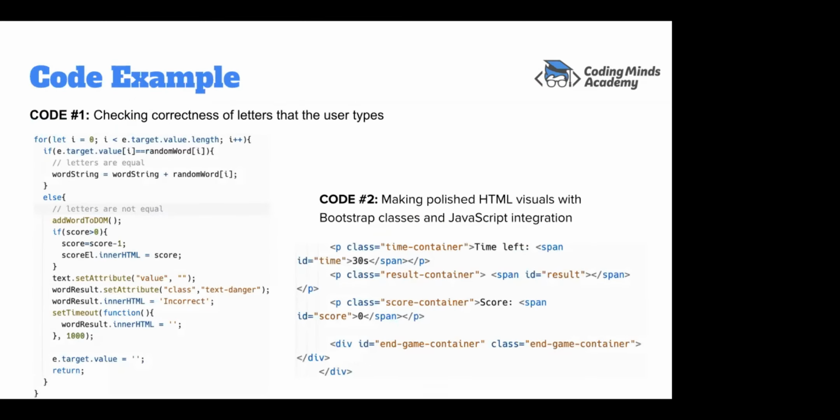So these are some code in my project that I've worked on. So the first code basically checks for what the user has typed. So it takes the letter of the word, and it compares the letter that the user has typed.